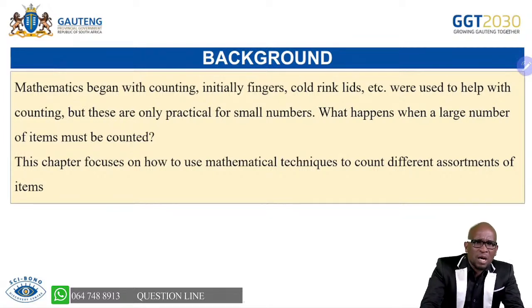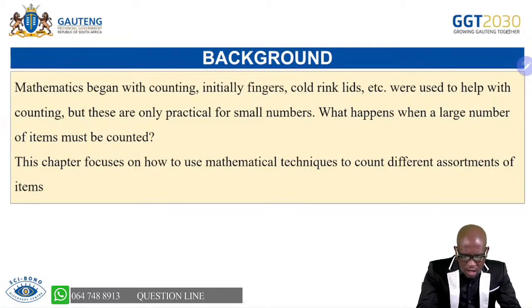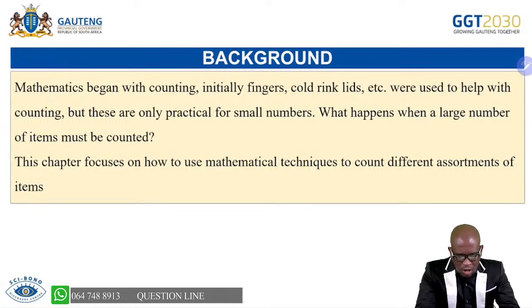Then later we used our cold drink lids to count and add items. These things were used to help with counting, but these are only practical for small numbers. What happens when a large number of items is to be counted? This chapter focuses on the use of mathematical techniques to count different assortments of items.